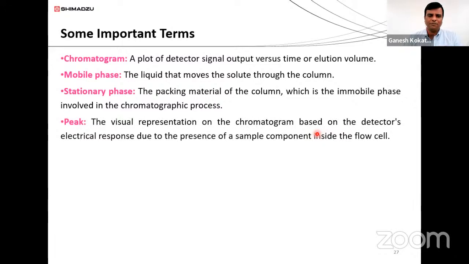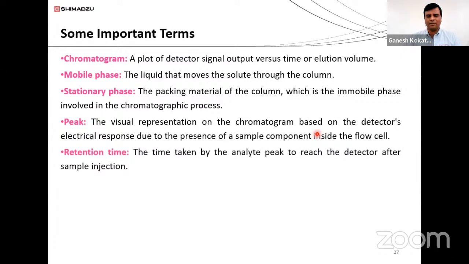It depends on the detector response, which gives an electric signal that corresponds to the peak. Now retention time is the time taken after injection until the peak reaches the detector. The whole time we call retention time, as the component is retained on the column.